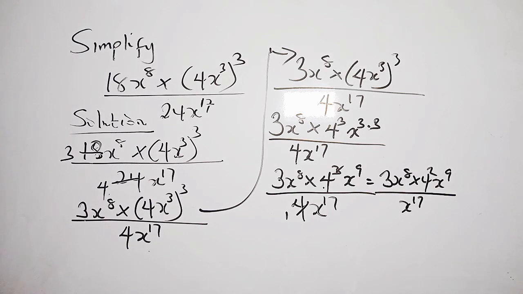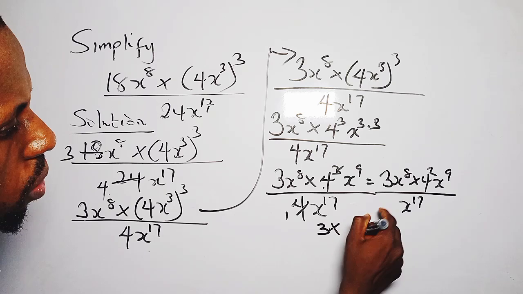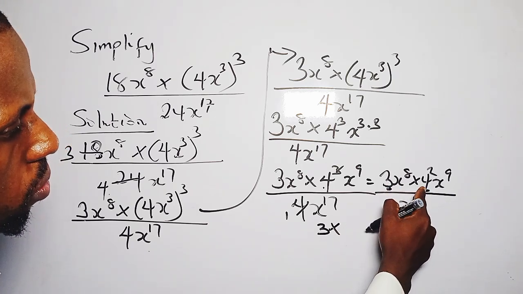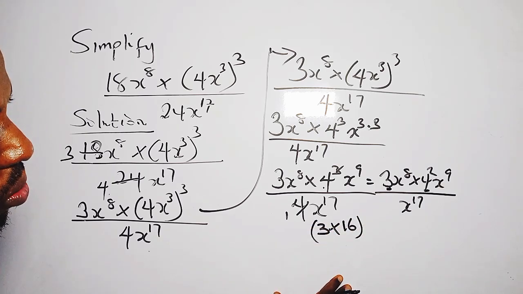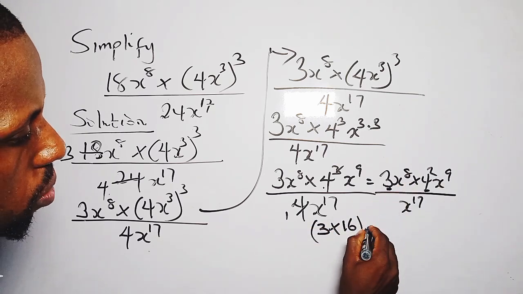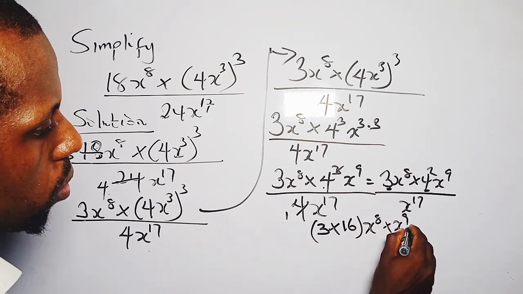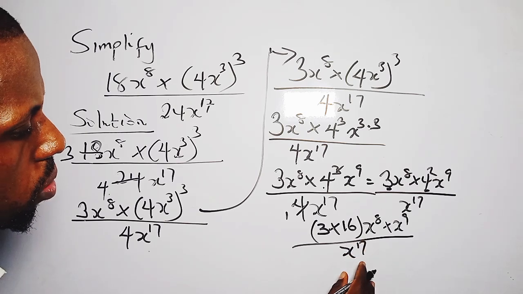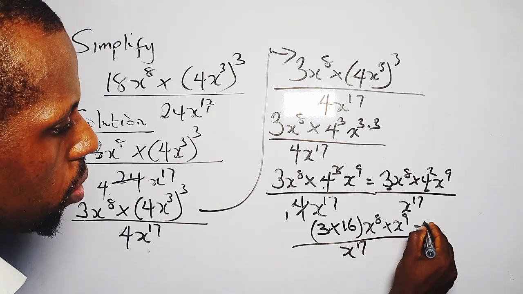When we work on the constants, 4 squared is 16. We can group that together, so we have x raised to the power 8 times x raised to the power 9 over x raised to the power 17. For 3 times 16, that should be 48.